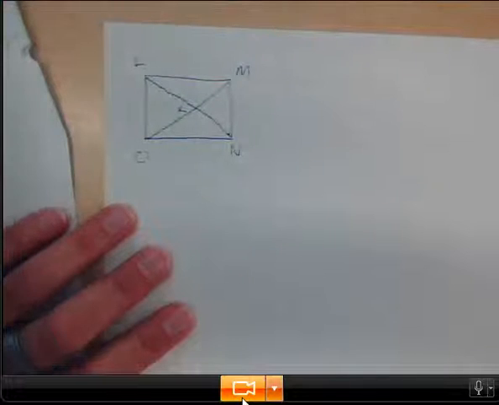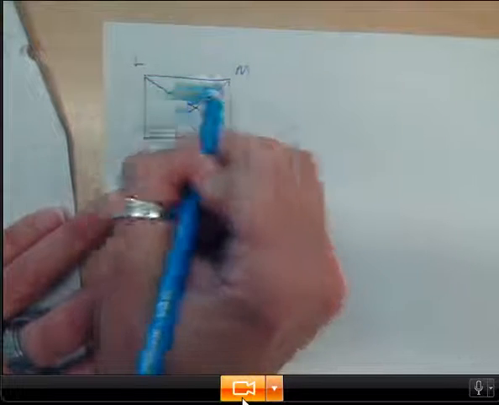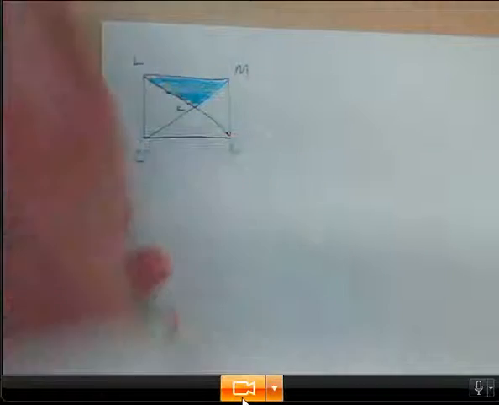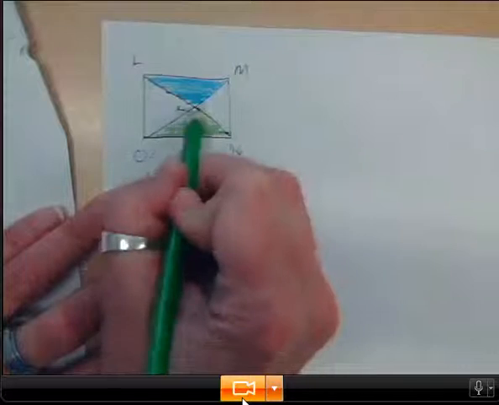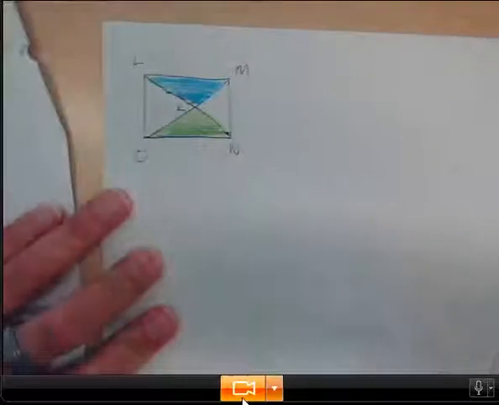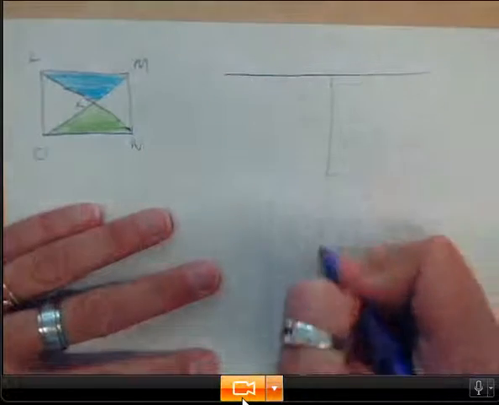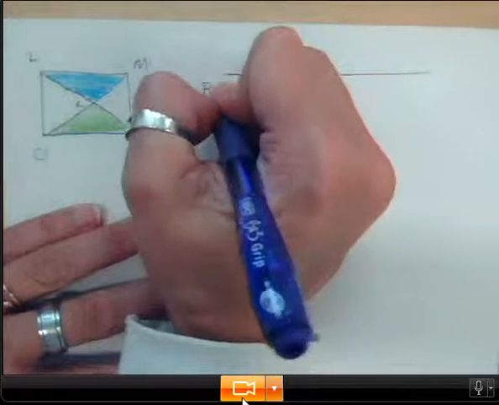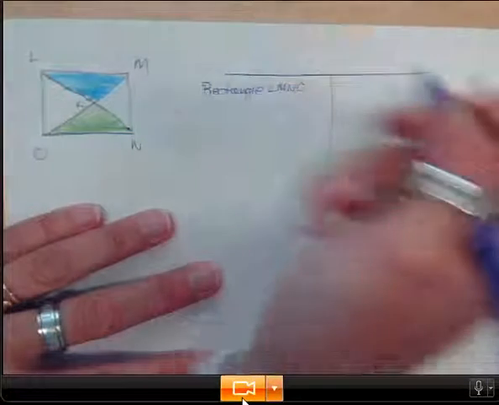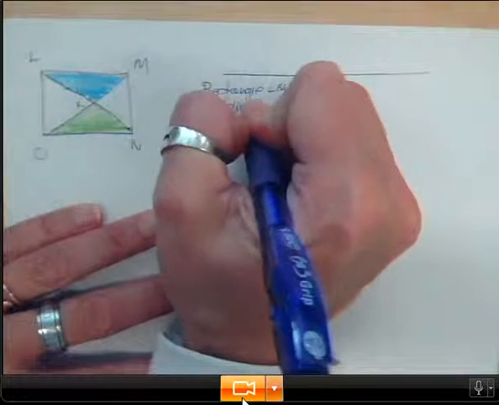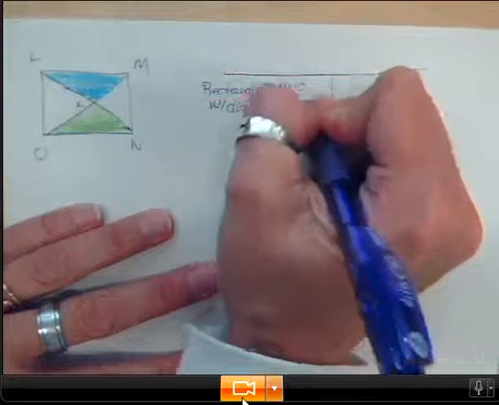So the picture that we drew yesterday, the coloring that we did yesterday, was we wanted to show this blue triangle to be congruent to this green triangle. So we are going to start our proof with what is given, and that would be rectangle LMNO with diagonals LN and MO, and that would be given.